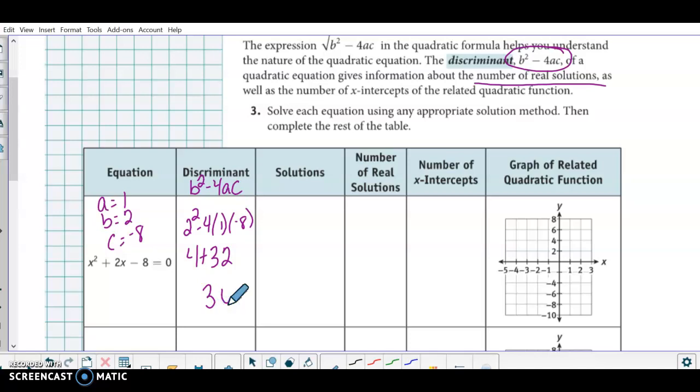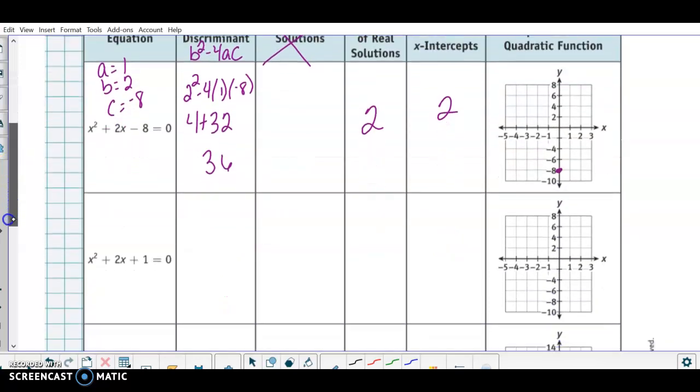Now, because we got a positive number, we will have two real solutions and two x-intercepts. We're not actually worried about solutions here. If I was to graph that, I know it would have a y-intercept at -8. We could graph it in our calculator to double check. But I could also find the vertex and such. We're not going to worry about that right now. We are only worried about the number of solutions.